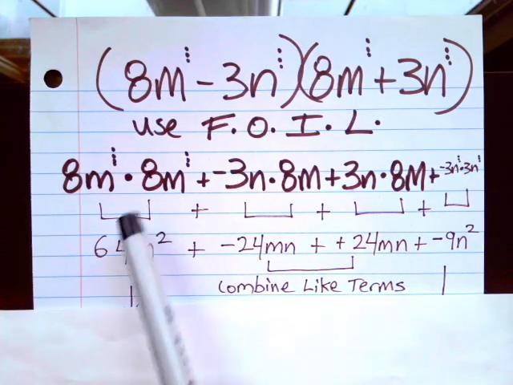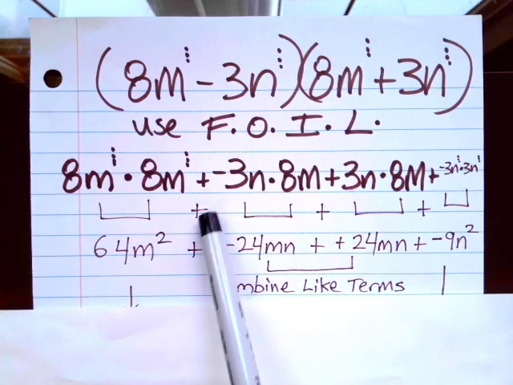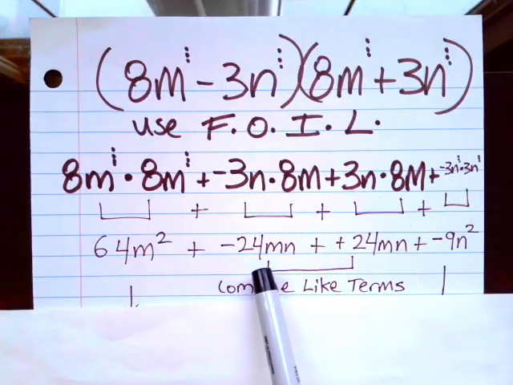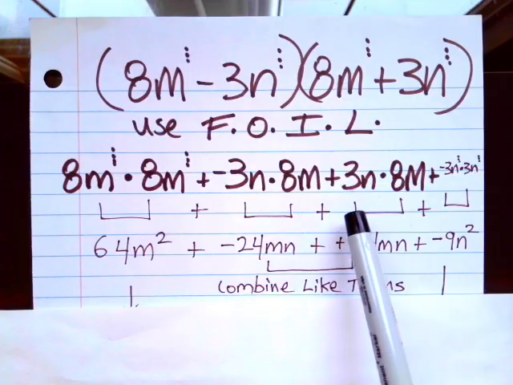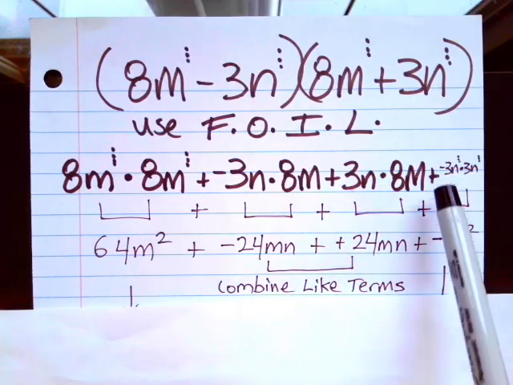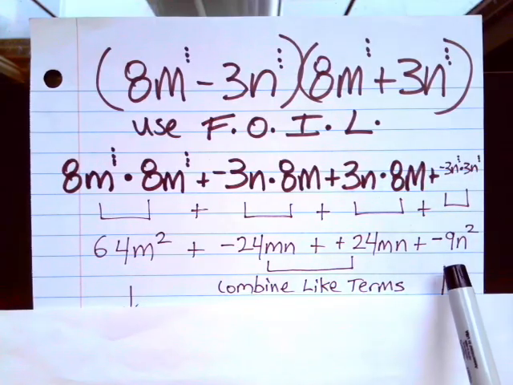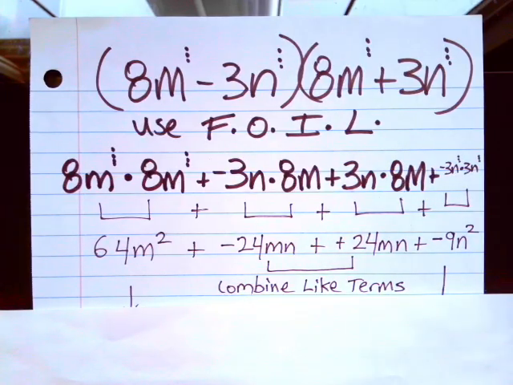So 8 times 8 is 64. M times m is m squared, plus. Negative 3 times 8 is a negative 24mn, plus. 3n times 8m is a positive 24mn, plus. Negative 3 times a positive 3 is a negative 9. N times n is n squared.